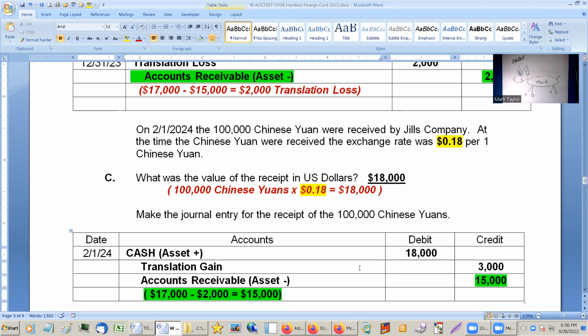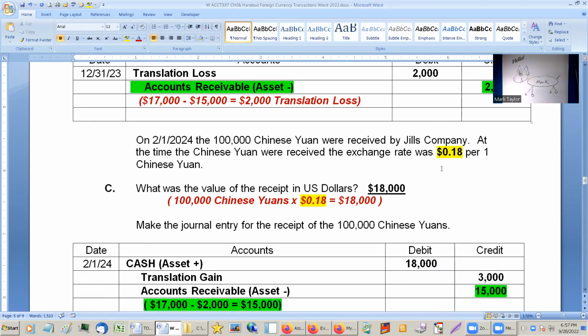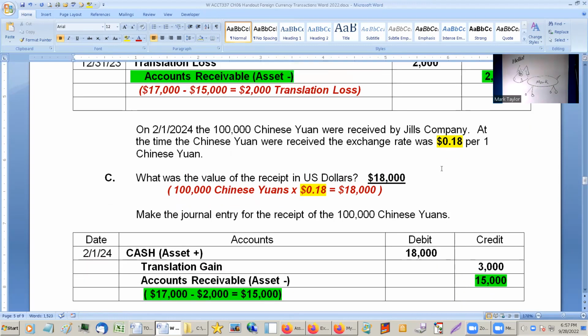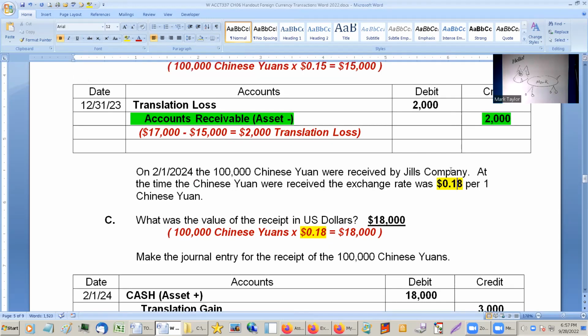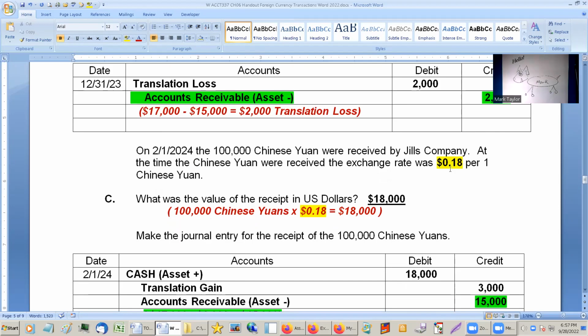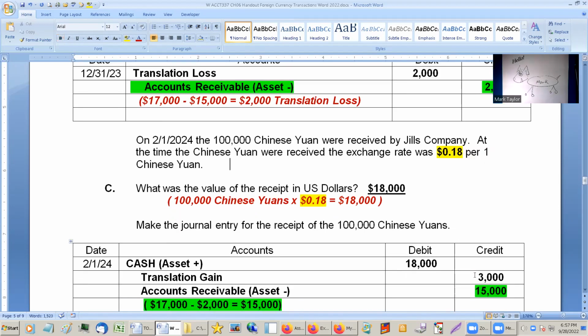Another way to look at this gain would be that the change was 3 cents times, I'm just gonna make it confusing. It was 3 cents times 20,000. No, that's not right. 100,000. So 3 cents times 100,000.